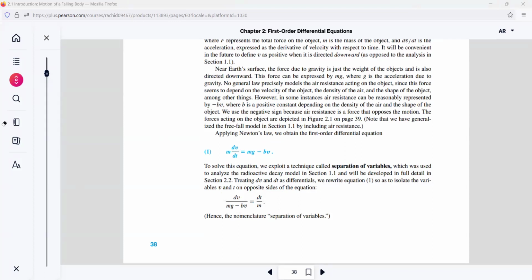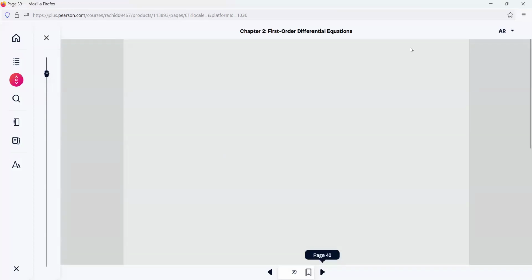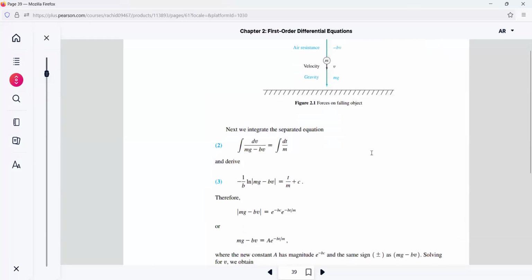So since you have an idea now about separation of variables, you can try it. All right, so it looks like you have in the denominator 1 over mg minus bv. So you know the antiderivative is going to be natural log of this, right?